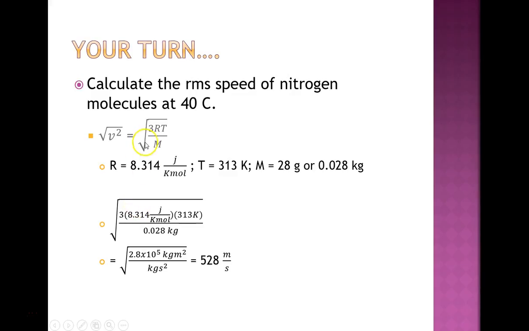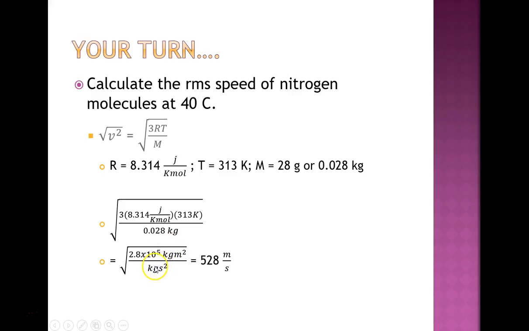So plugging that into the equation, we end up with 3 times 8.314 joules per Kelvin mole times 313 Kelvin divided by 0.028 kilograms per mole. Now when we multiply across and divide, we're going to get 2.8 times 10 to the 5th kilogram meter squared over kilogram second squared.